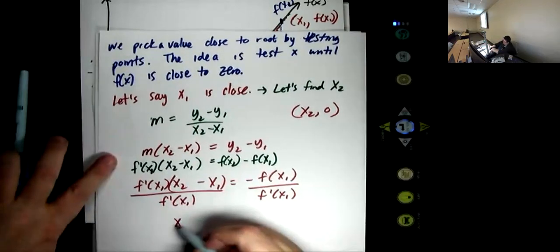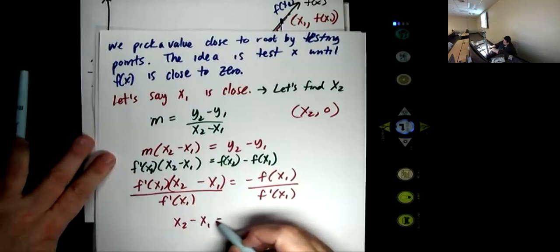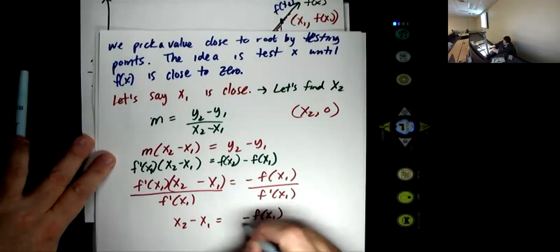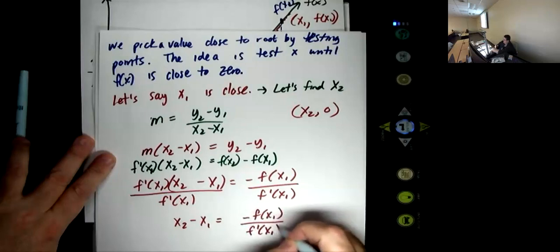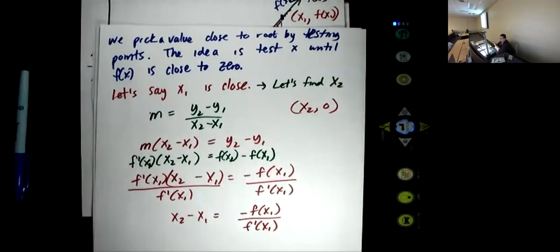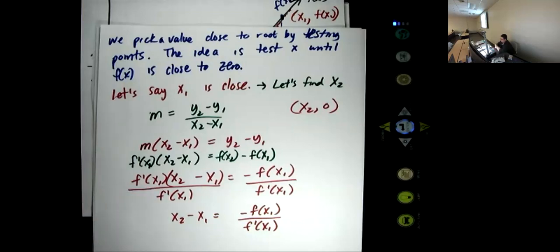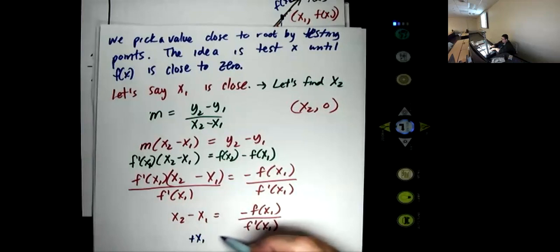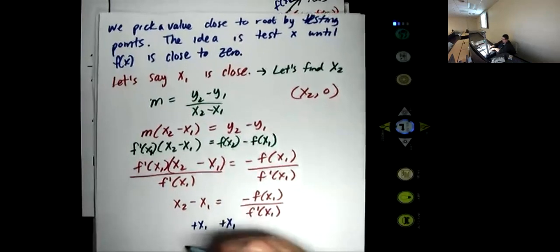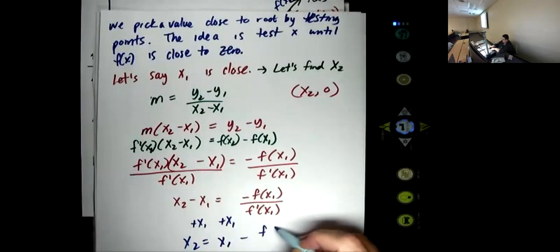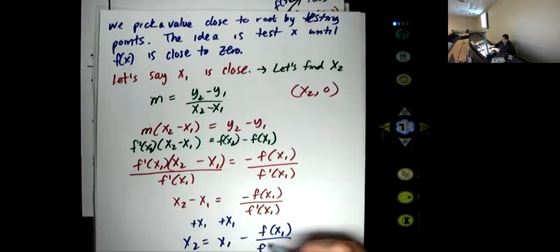And right now we're at x2 minus x1 equals negative f of x1 over f prime of x1. And we finish this bad boy off. We add x1 to the other side. x2 equals x1 minus f of x1 over f prime of x1.